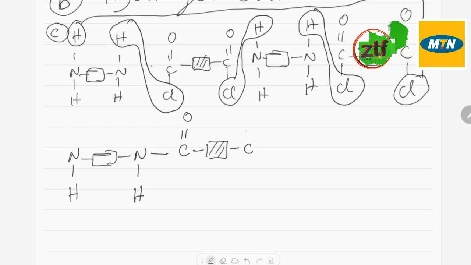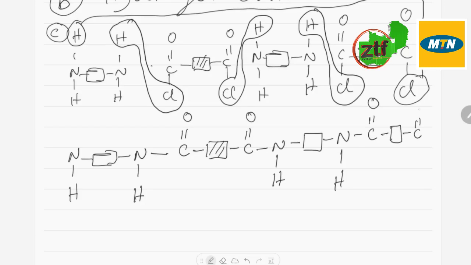This to carbon, double bond to NH, another unit. N there, H, C, H, O, another unit, C double bond to O. We are done.